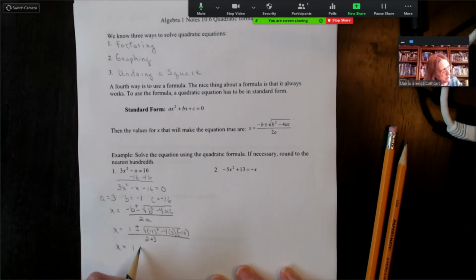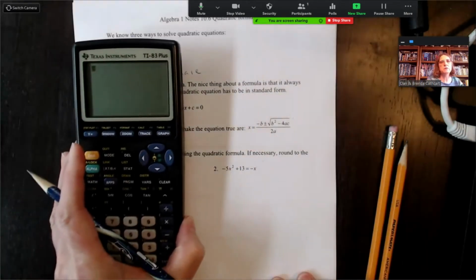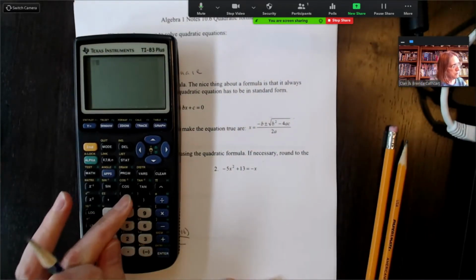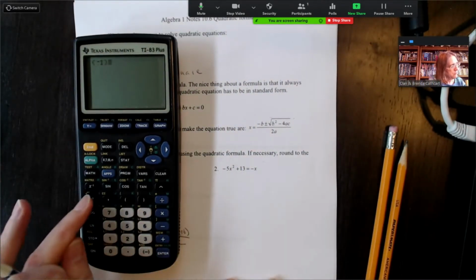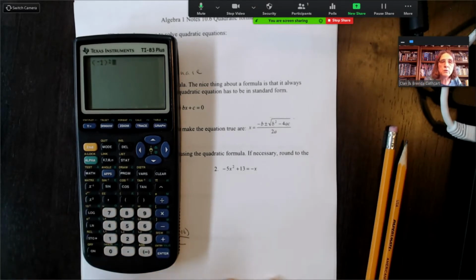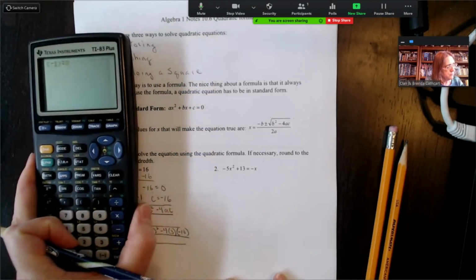Now let's use our calculator to help us a little bit. We're going to evaluate the part that is under the square root. We want to put parentheses around the -1 to square it, but hopefully you all recognize that that's just +1.